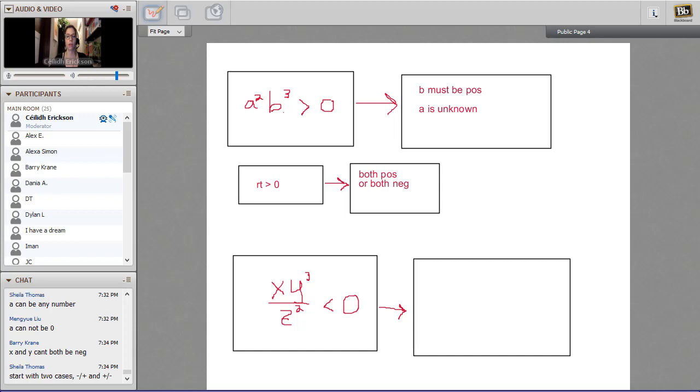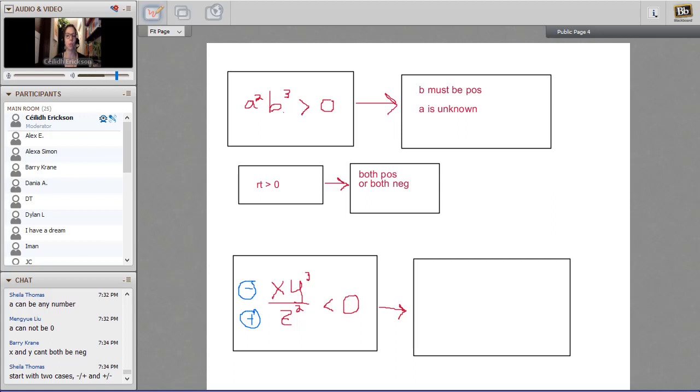Interesting. So I like this idea of starting with two cases of thinking, what if it's this, what if it's this? So the thing that we know about z squared is that it has to be positive, right? Our denominator is going to be positive. So if we ended up with a negative overall in this fraction, that must mean that the numerator is negative, right?